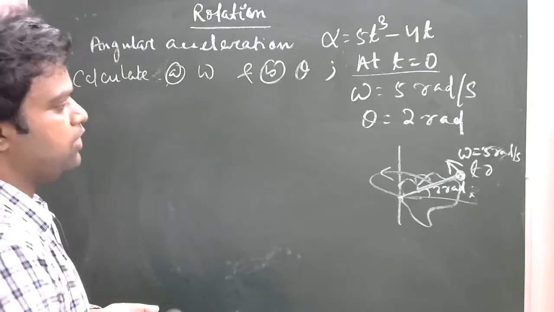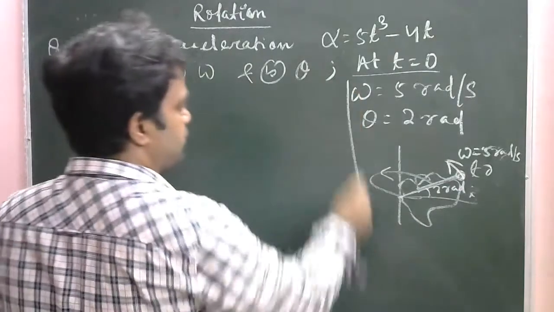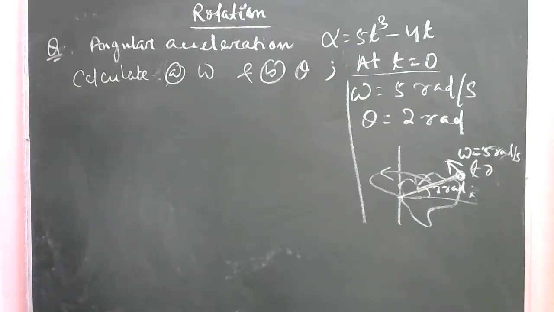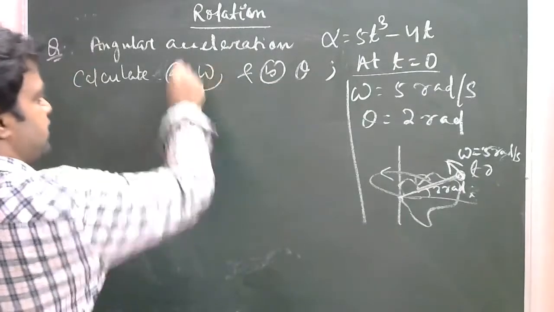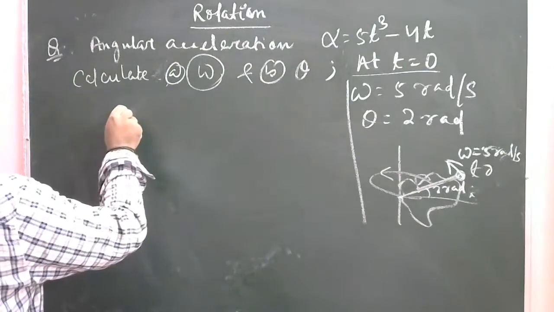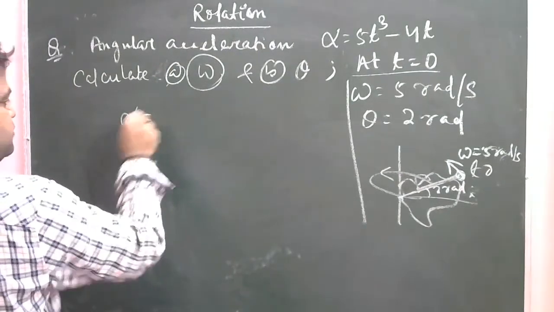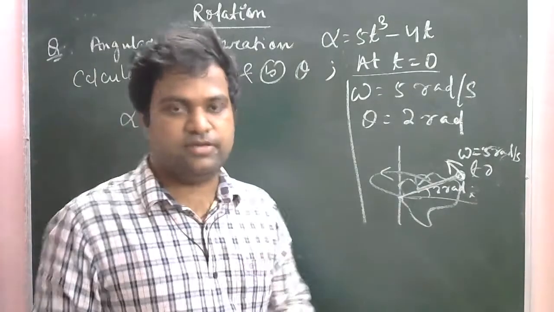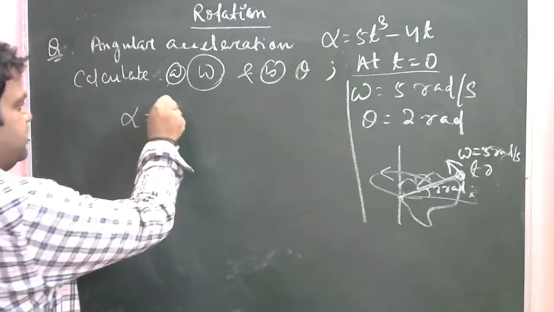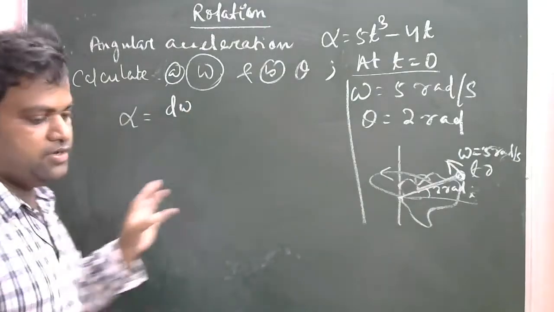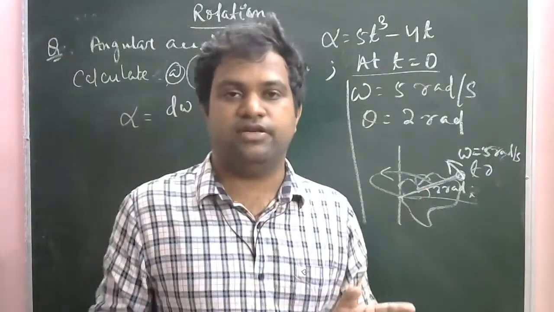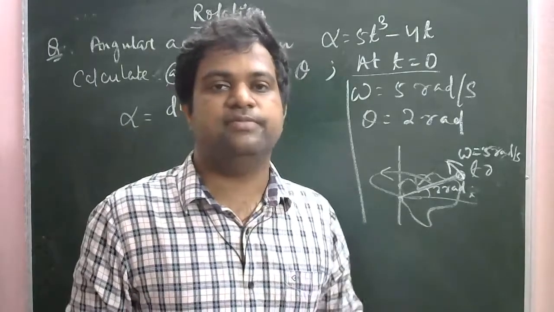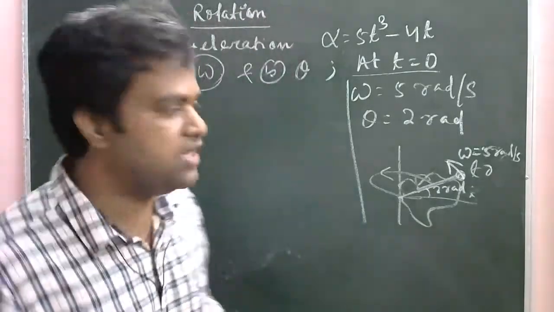So how will you calculate? We'll use the formula. First let's calculate omega. Alpha is given. Alpha is acceleration, the rate of change of velocity. In the rotational case everything is angular; in the linear case we just write velocity and acceleration.